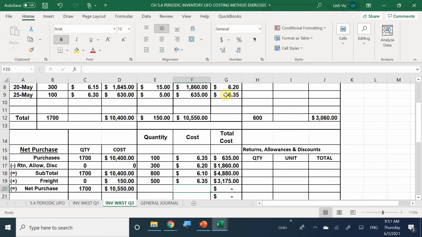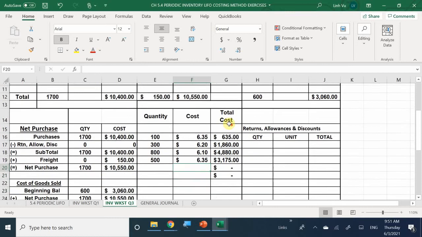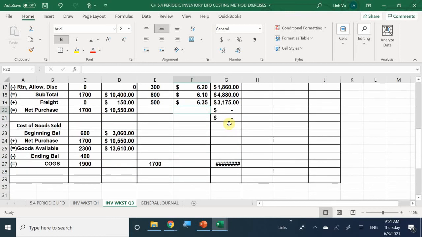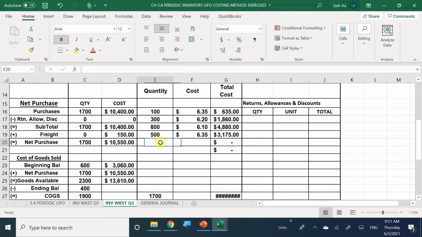So there we have it. Now we got rid of 1,700 items. How many more do I need to get to 1,900? We need to sell 200 more items.